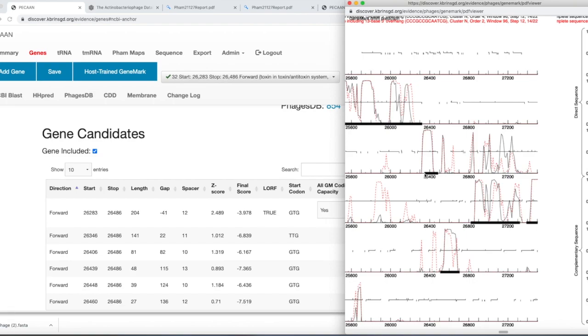If we pick a start site that is suggested by the dark line here, which is what GeneMark called, there would be a significant amount of coding capacity here that would not be captured by this start site and this stop site.